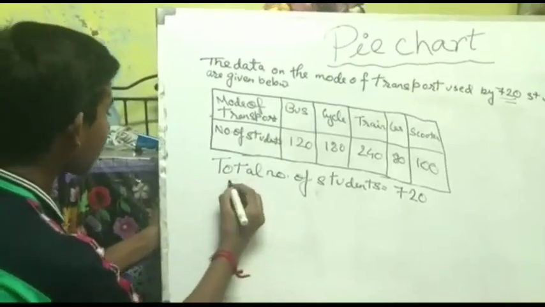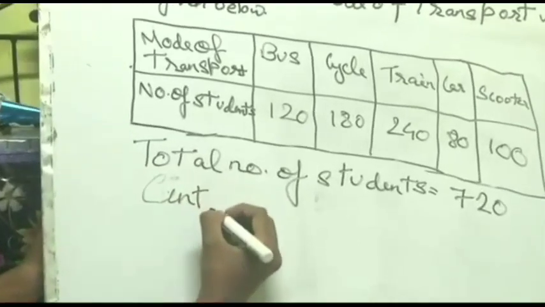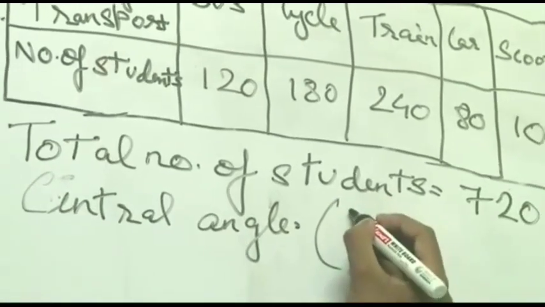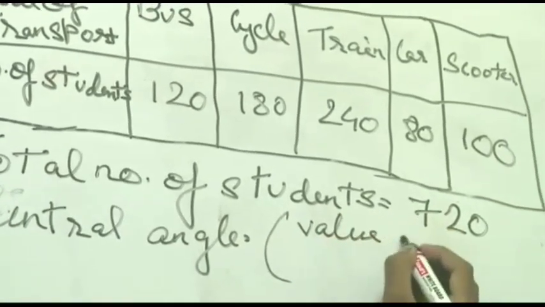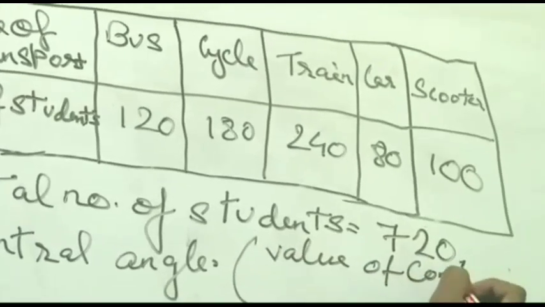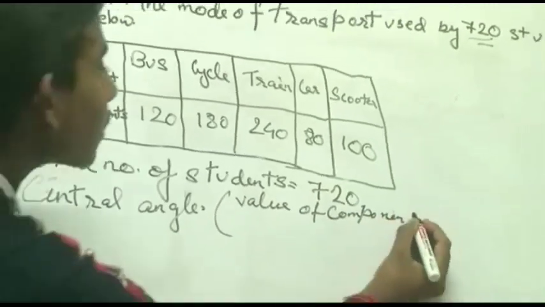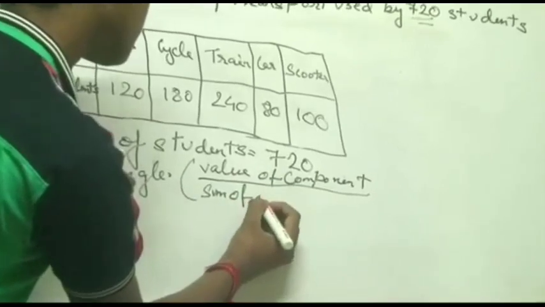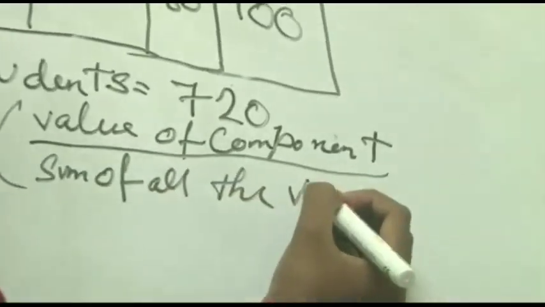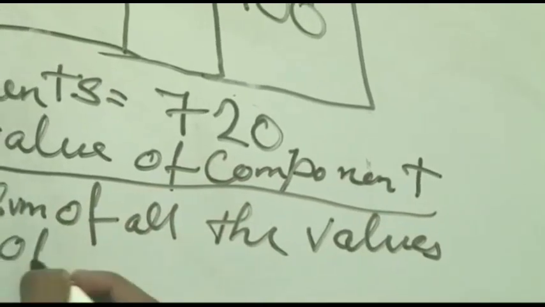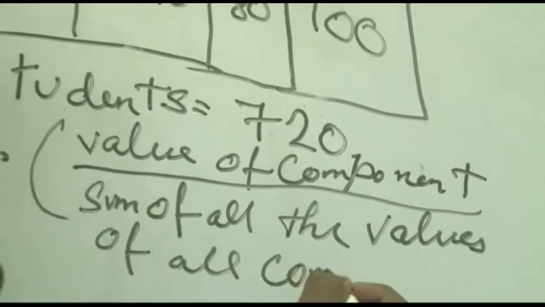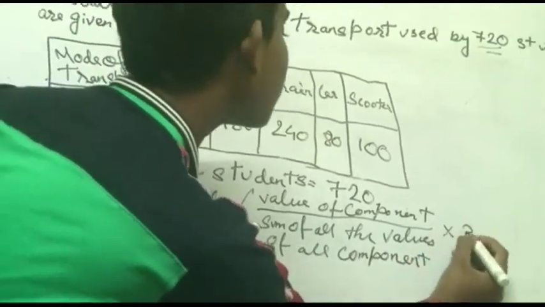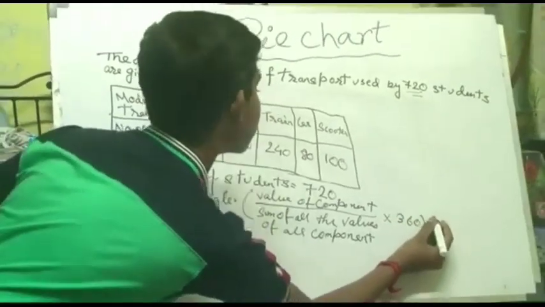Then we have to write central angle equals, that formula we are using, value of component by sum of all the values of all components into 360 degree.